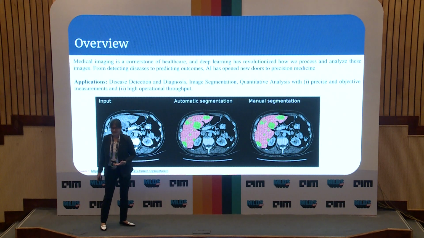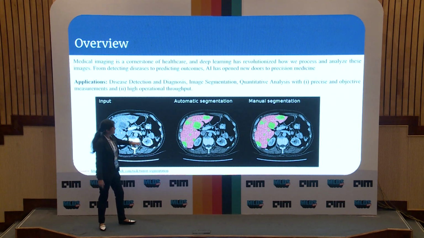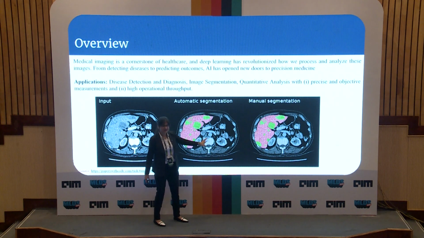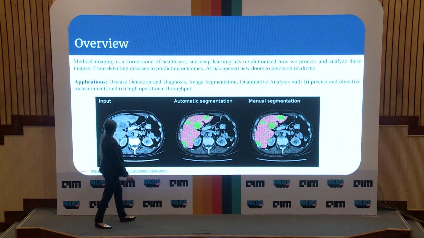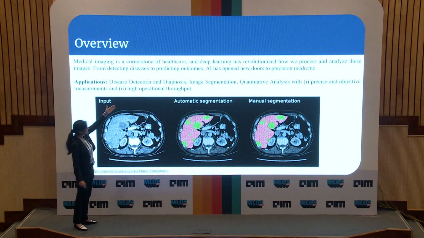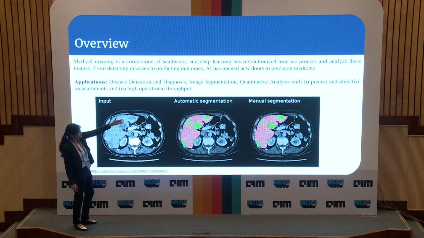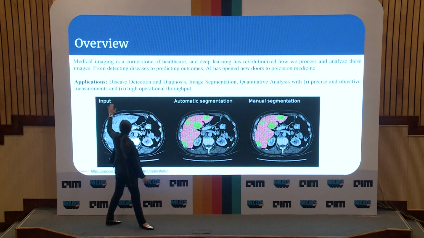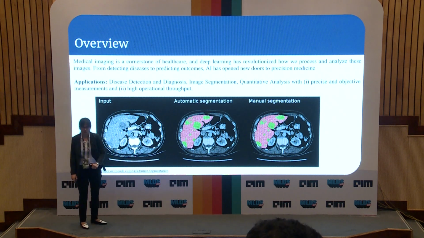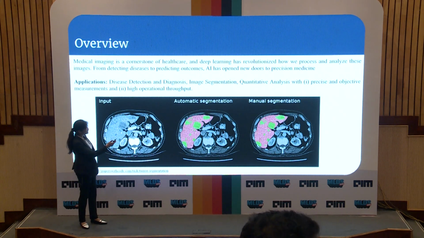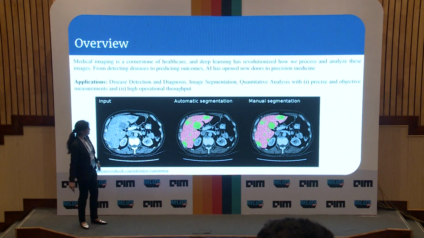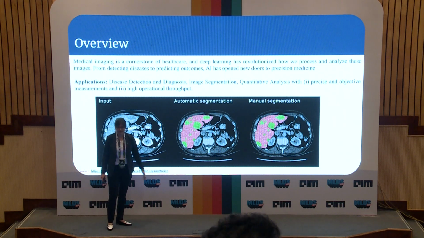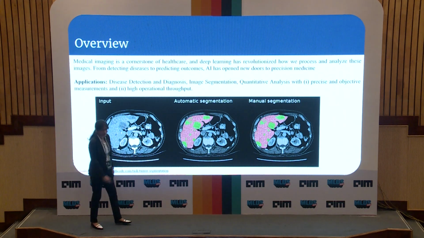That's why nowadays, in almost all kinds of diseases, automatic segmentation plays a very significant role. You can see the applications in disease detection, diagnosis, image segmentation, and quantitative analysis with precise and objective measurement, and high operational throughput. I'll explain each point step by step, but I hope this image gives you a better idea of what I'm trying to convey.